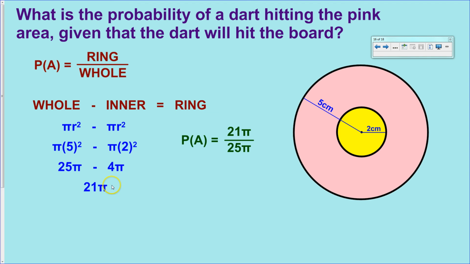So technically I should have had a unit squared down there, but I no longer need it, because if I had meters over meters or meters squared over meters squared, in this case centimeters squared over centimeters squared, the units themselves actually cancel each other out, as do the pi's. So the final probability of landing somewhere in the pink region here is 21 over 5, and then you could, of course, convert that to a percent if you wanted to.